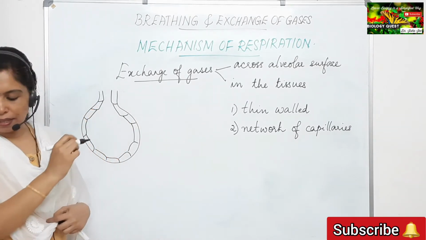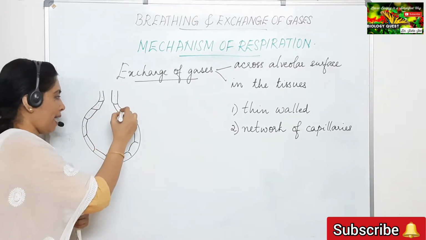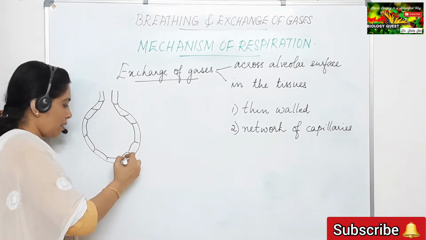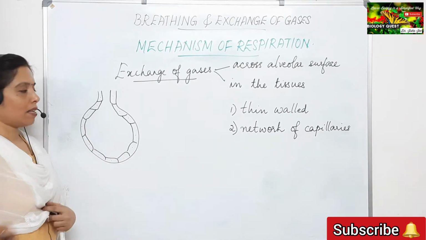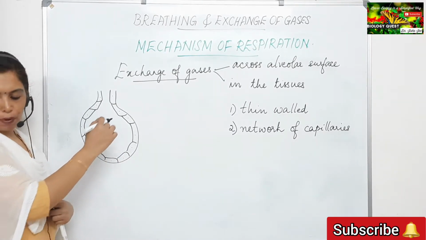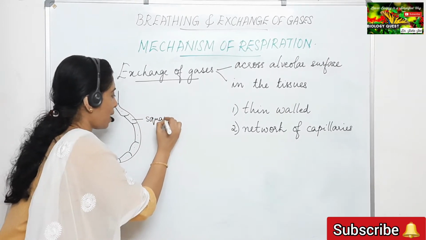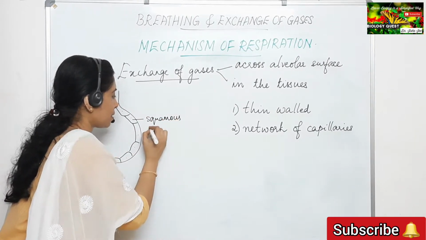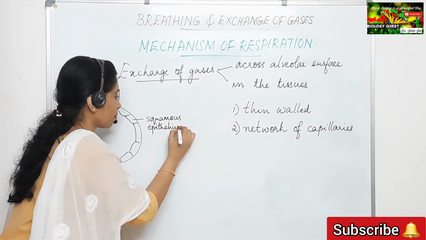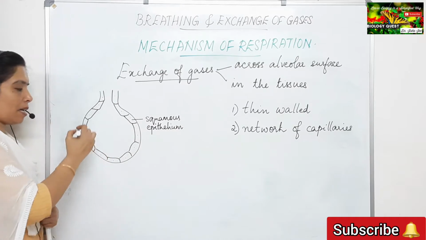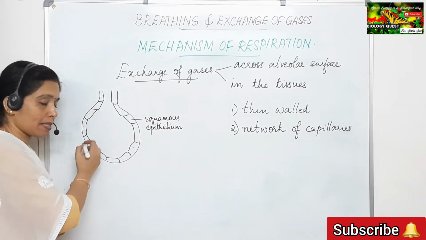As you can see, that is the single layered wall of the alveolus, which is one cell thick. This is made up of squamous epithelium, squamous epithelial cells. And as I told you, surrounding the alveoli, a network of capillaries is present.